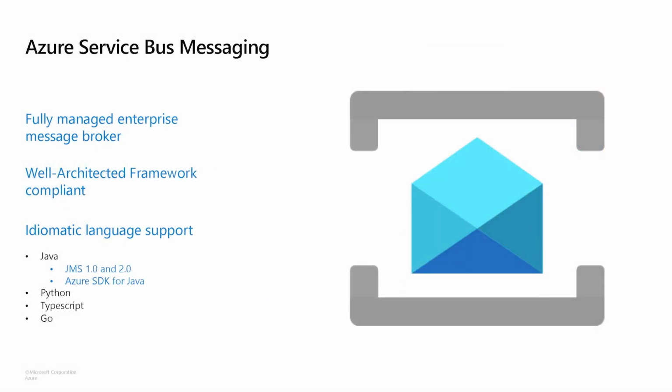Now let's talk about Azure Service Bus messaging. It's a fully managed Azure cloud-based enterprise message broker. It is compliant with the Well-Architected Framework, even though the Well-Architected Framework sort of emerged as a way of thinking afterwards. It happens to implement all of those things. It has idiomatic language support in all of the popular languages today. .NET, Java.